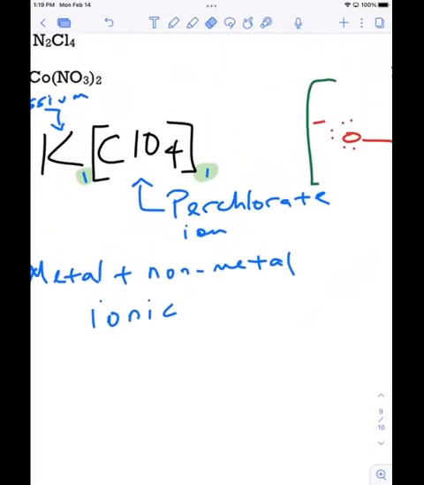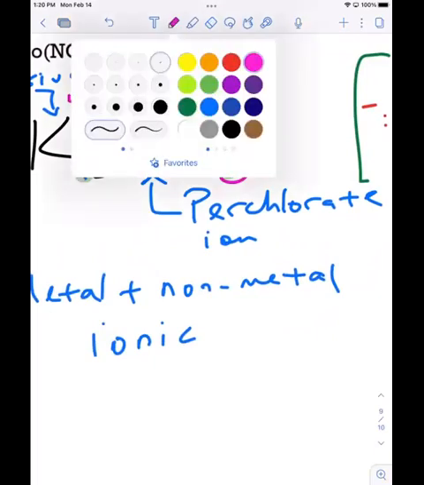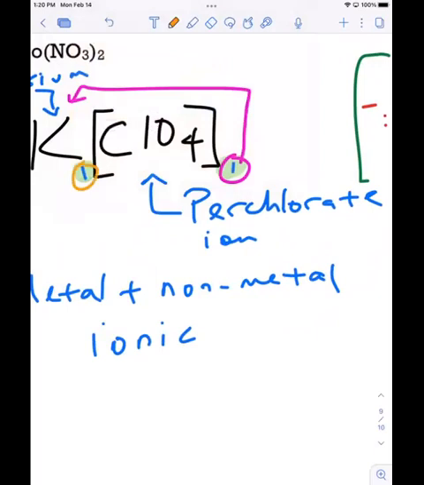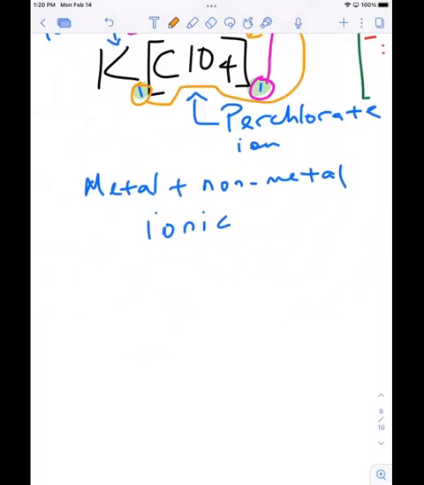When that happens, this number down here is going to end up here as the charge, right? And this number here is going to end up here as the charge. So when we pull these apart into the components, the subscripts become the charges.